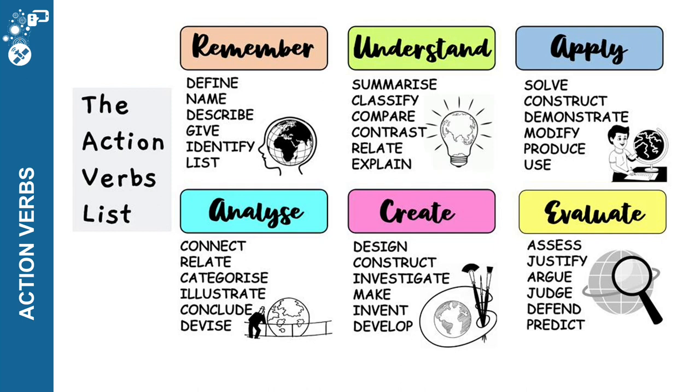And then the three columns that you see at the bottom of the slide, the ones that say analyze, where we have to connect, relate, categorize, illustrate, conclude, or devise. The column headed create, where you could be asked to design, to construct, to investigate, to make, to invent, to develop.